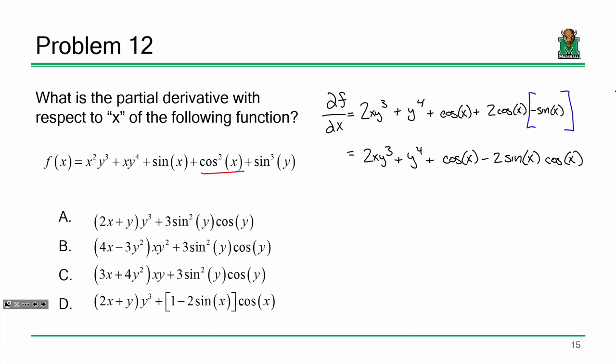And if you look at the choices, see how with the choices they seem to have factored quite a bit? So is there anything that we can do to factor this? Let's look at all the trig stuff over here on the right. Is there any terms that are common to both of those? The cosine. So I can pull the cosine out. What about these terms over here, the polynomial terms?